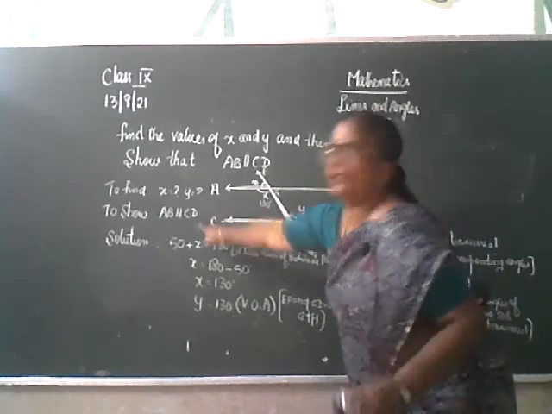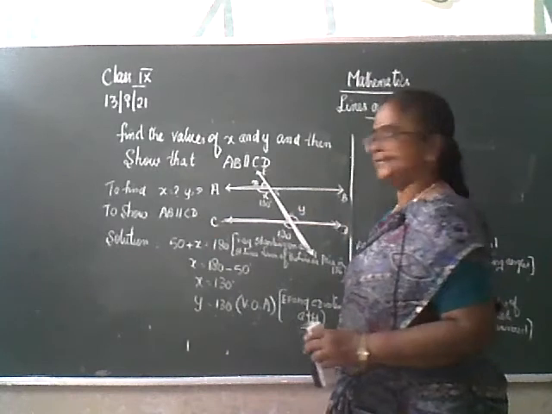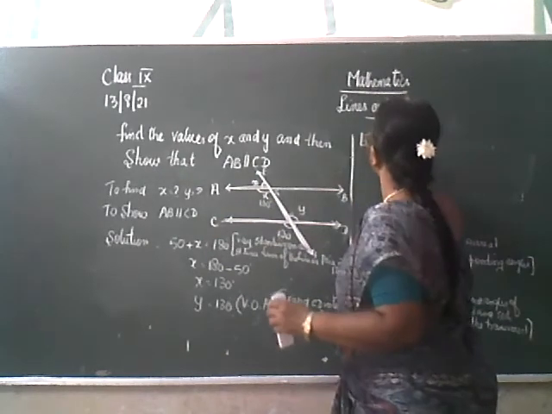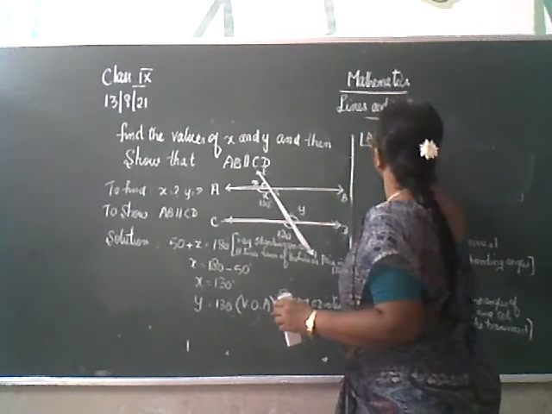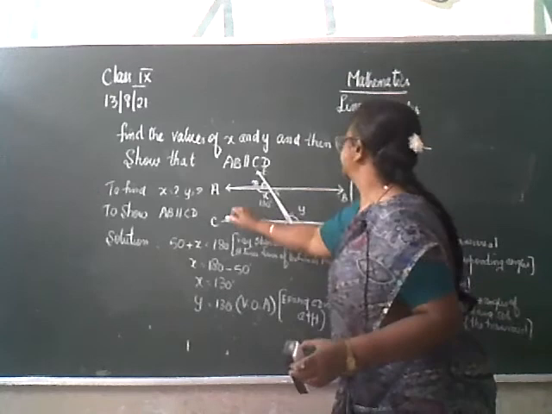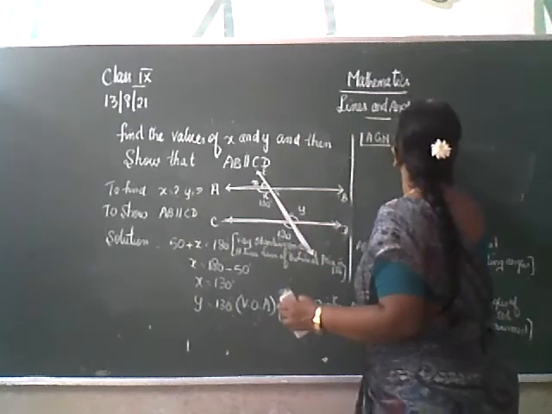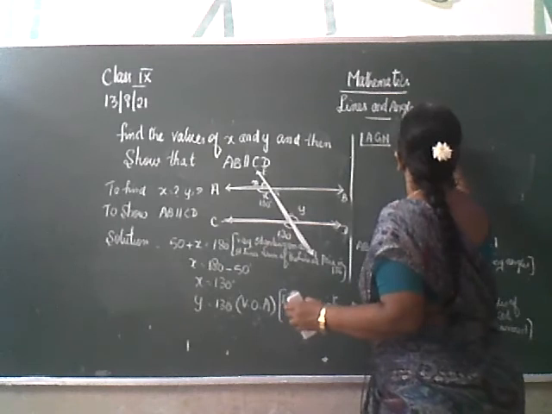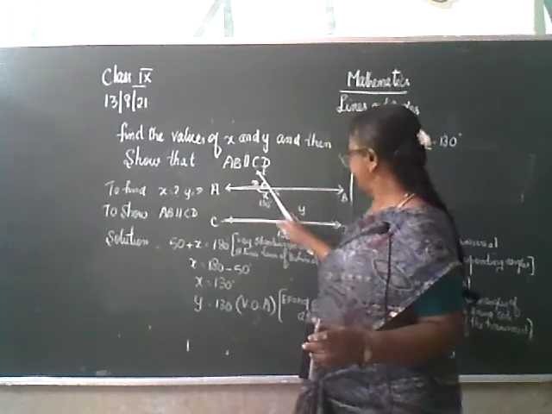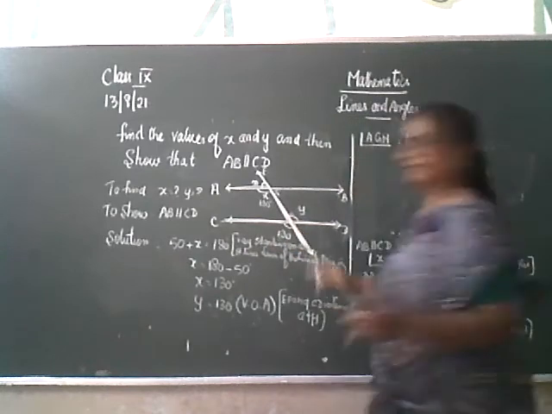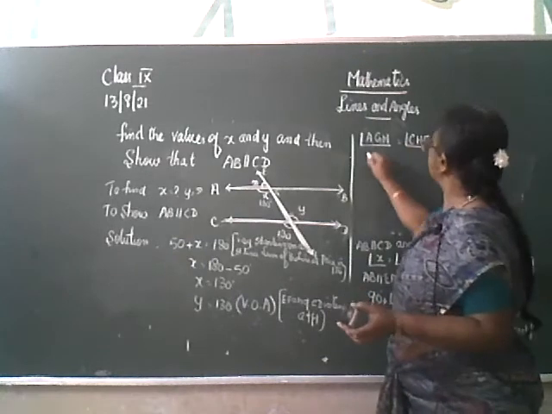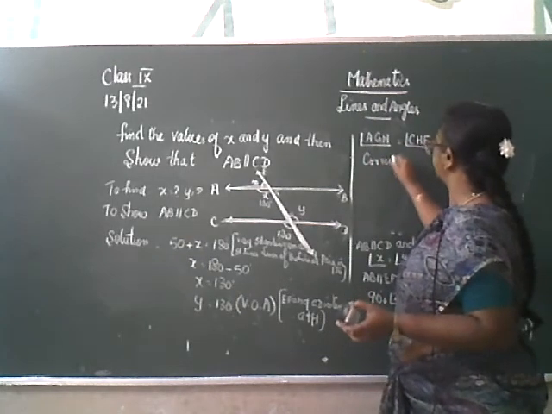Now, I should show AB is parallel to CD. So to show that, let me write angle AGH is equal to angle CHF. Both are 130 degrees. So that means corresponding angles are equal.